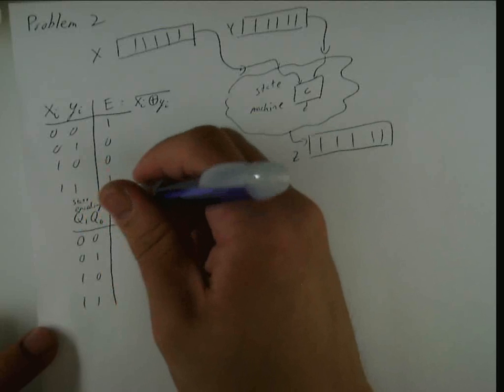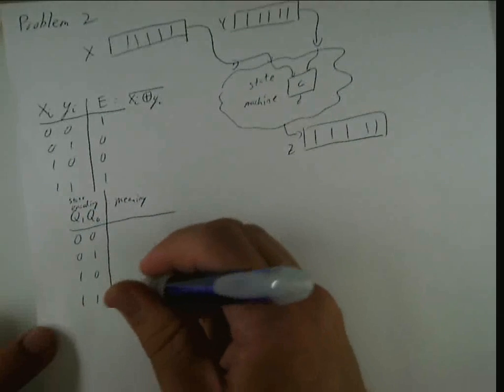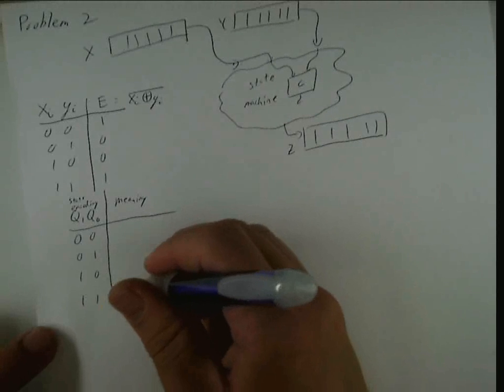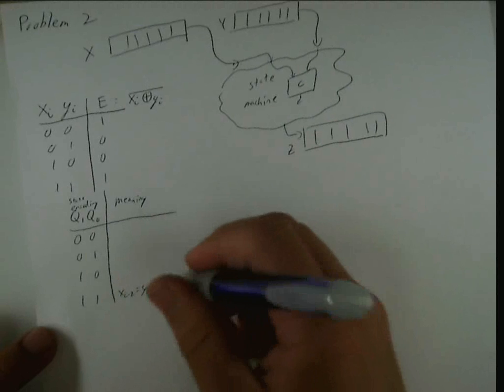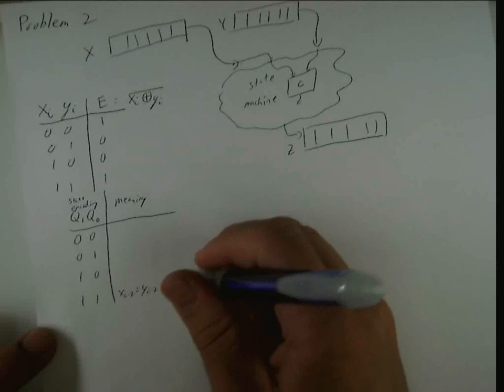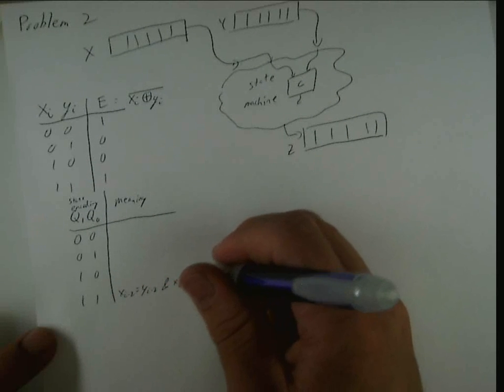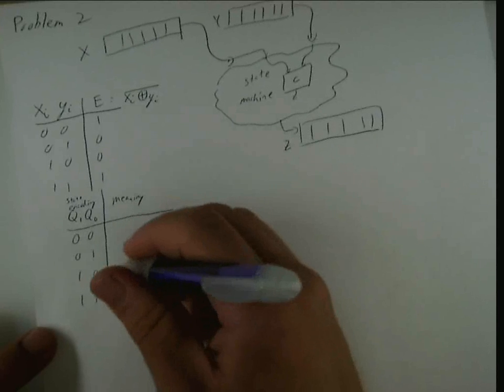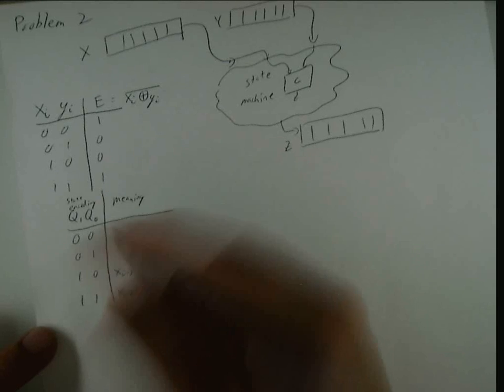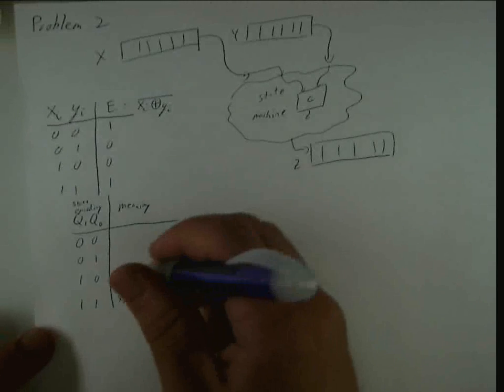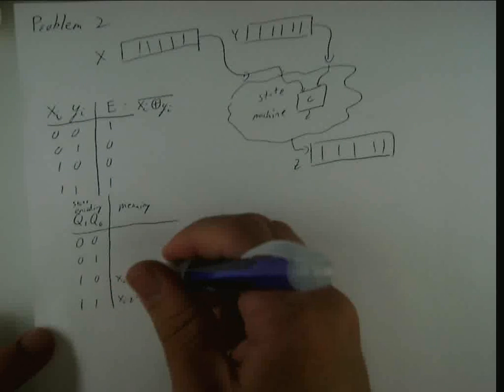And the meaning will be x sub I minus 2 equals y sub I minus 2, and x sub I minus 1 equals y sub I minus 1. This will be x sub I minus 2 does not equal y sub I minus 2.